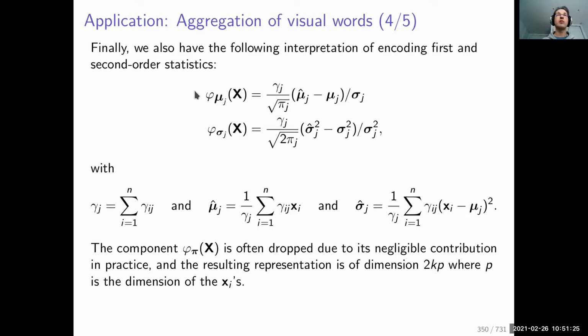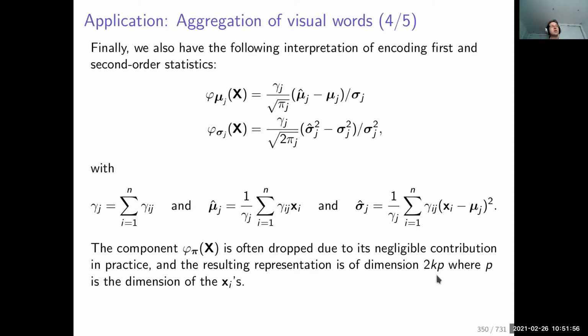So that means that we have two vectors times k components, and each of these vectors is of the same size as the xi. So the final representation is of dimension 2 times k times p. Plus, I should also add the component phi pi of x, pi being the weights of the individual components, but it turns out that at least in computer vision, it was observed that you could drop it. So the total dimension is 2 times k times p.